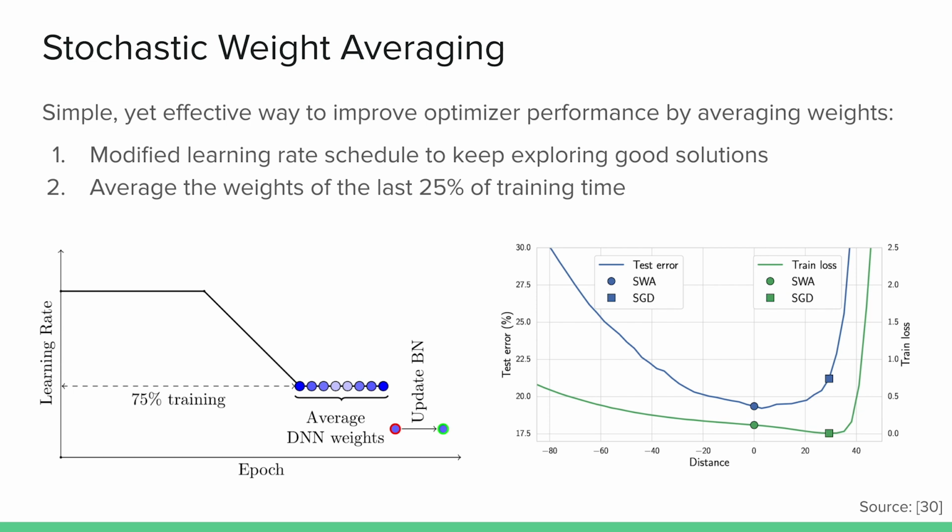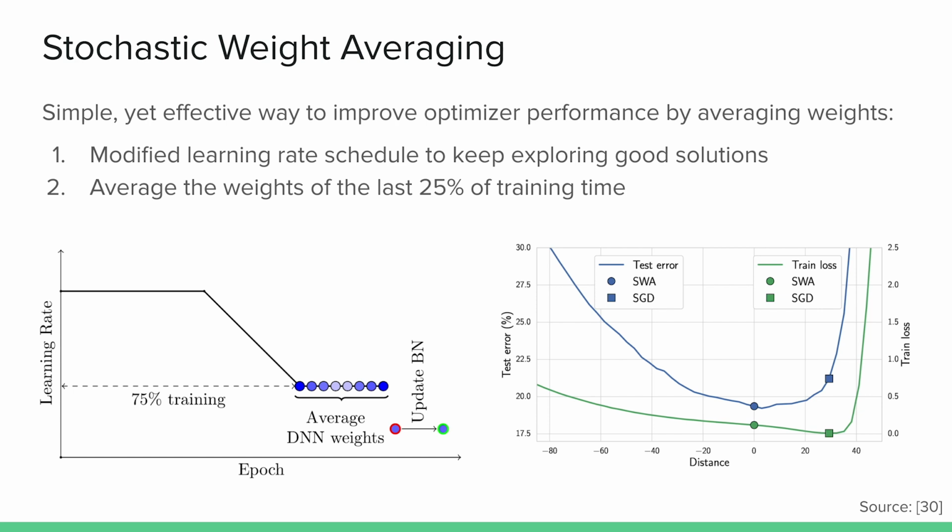And they've shown that in many cases and in many scenarios, this stochastic weight averaging, where for the last 25% you memorize the weights and then you average them out, allows you to find the center of this large flat surface that generalizes better and therefore obtains a lower test error.